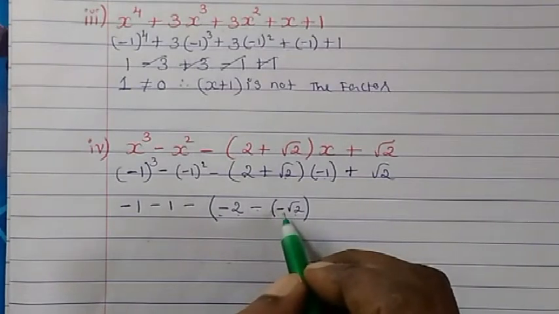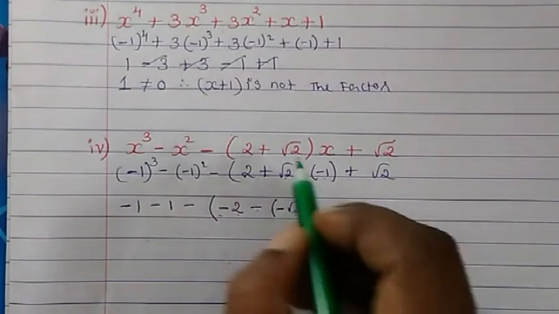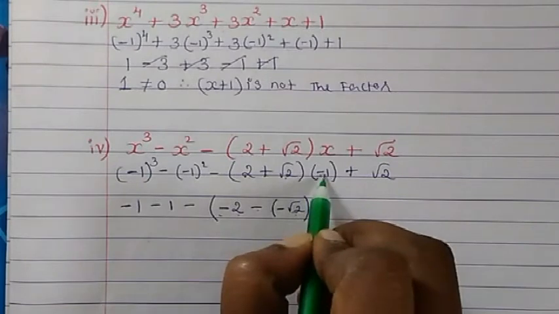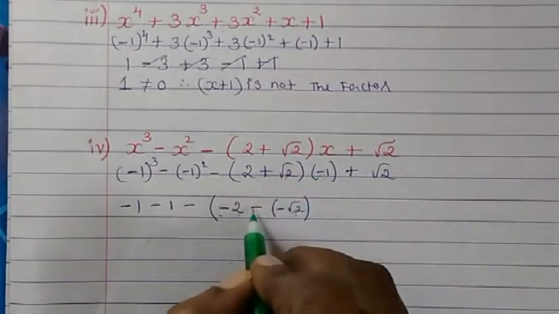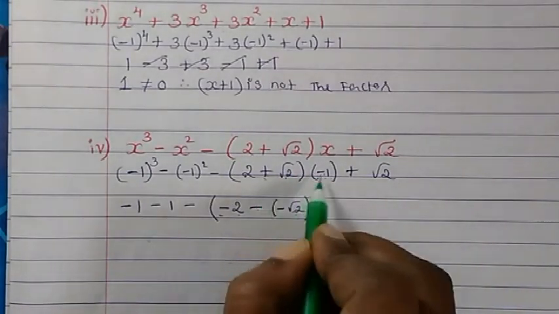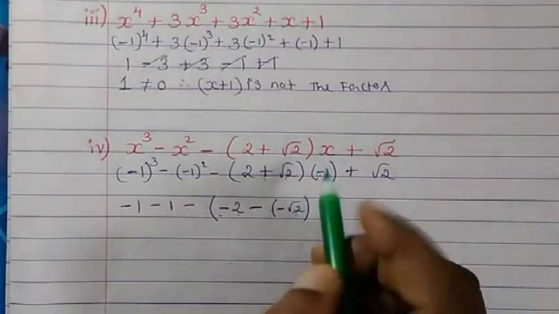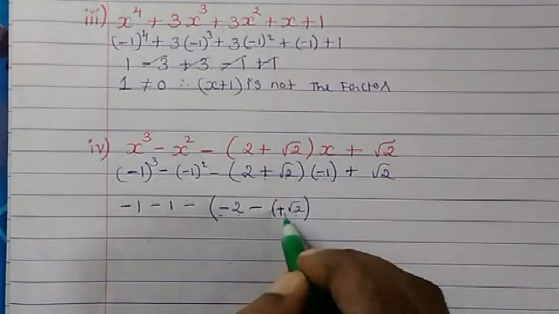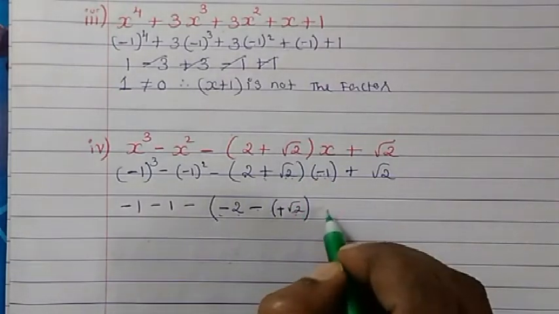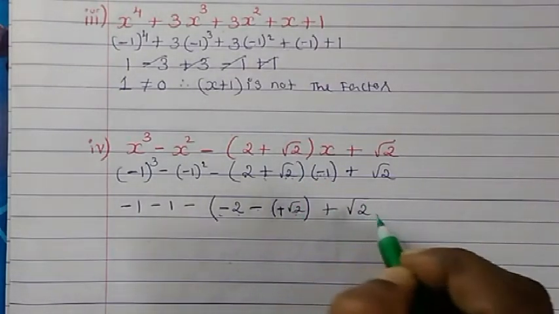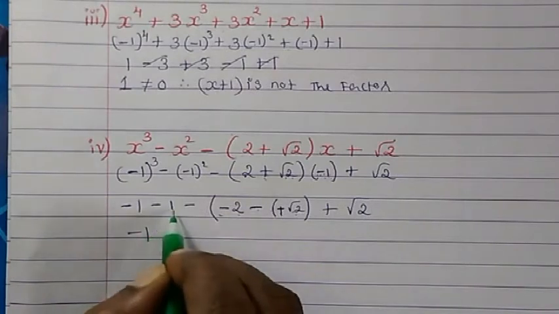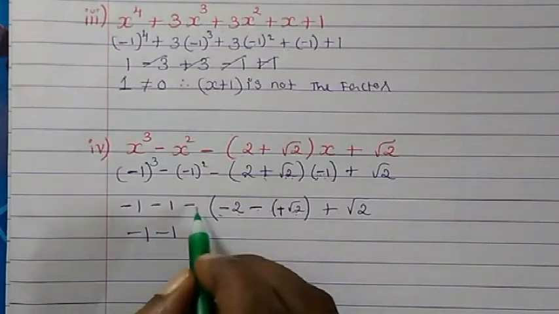Now some correction is there. Already we have multiplied here, so we will not do it again. We have already multiplied here, plus into minus, minus, then left is root 2 and 1. So this will be root 2 plus 1. So plus now root 2. So minus 1, this is minus 1.